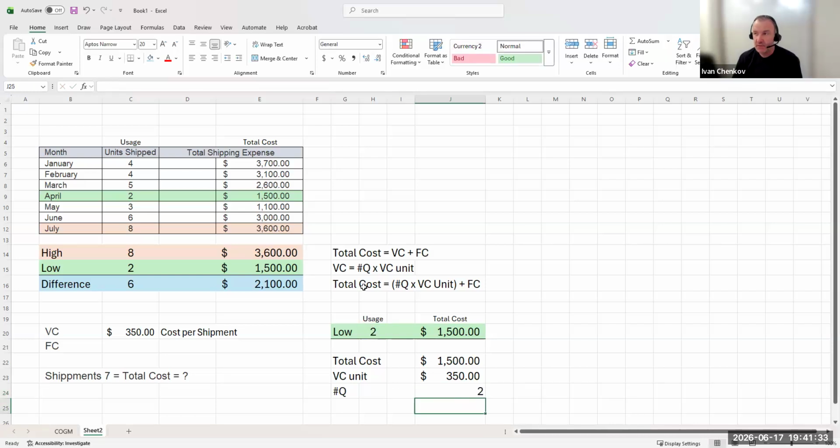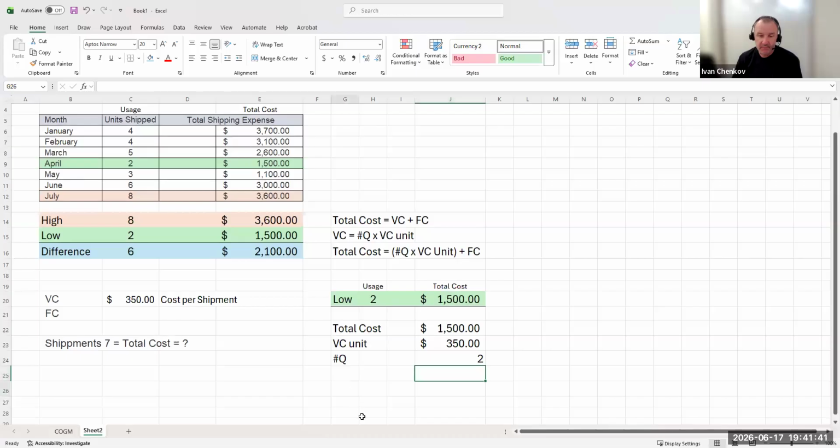So if I substitute in this formula, can I find the fixed cost? The question is, who's going to stop me? So what are we going to have? We're going to have 1,500, which is equal to bracket 2 times the dollar amount of 350, close the bracket, plus fixed cost.